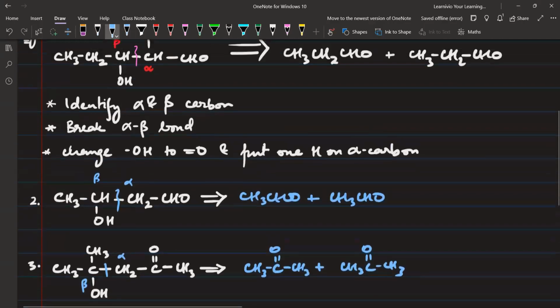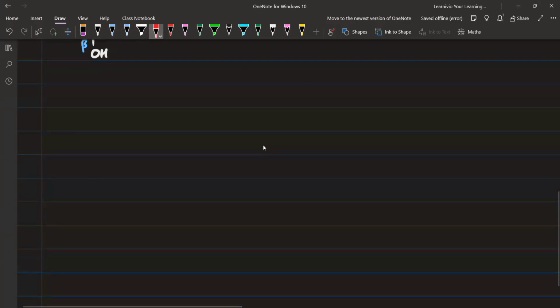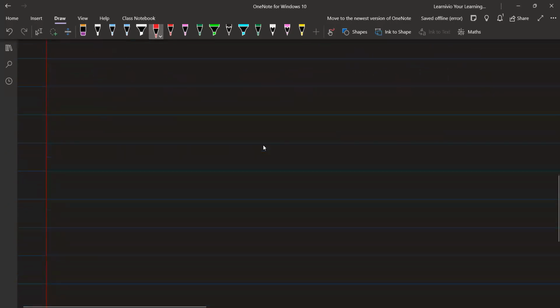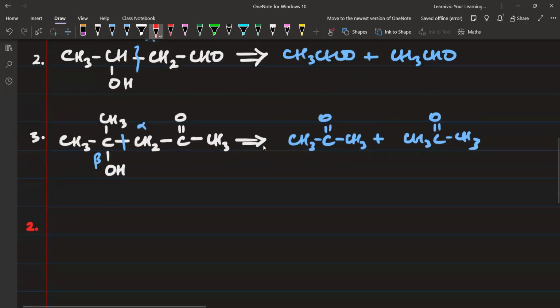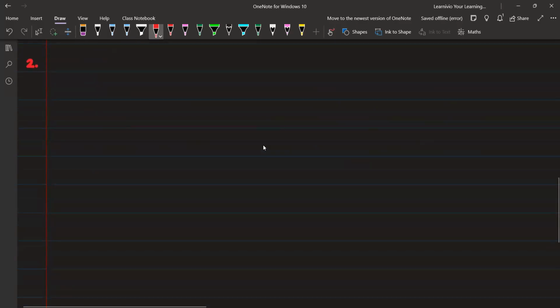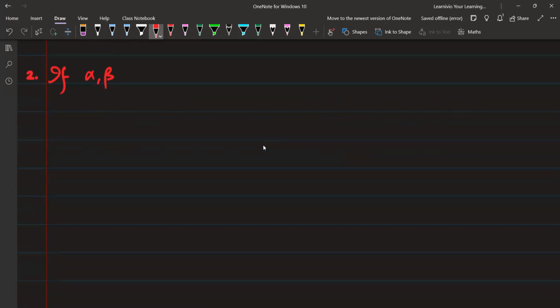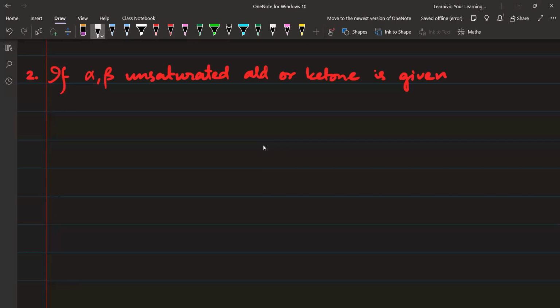Second: if an alpha beta unsaturated aldehyde or ketone is given in the question, they will give something like this: CH3 CH double bond CH single bond CHO. This is an alpha beta unsaturated aldehyde.